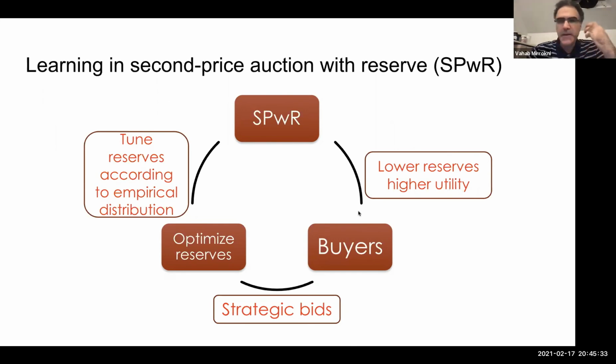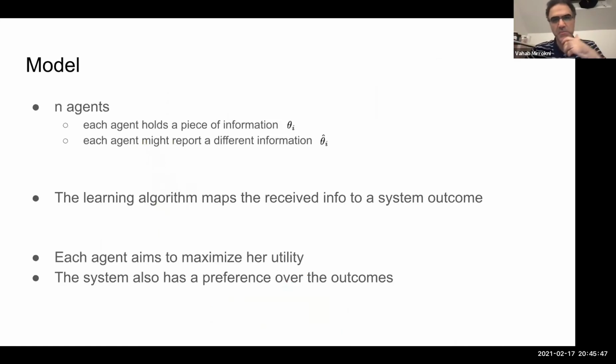So the auctioneer should find ways to either find pricing knobs not using the information, or learn from data in a way that's very robust against this type of behavior.